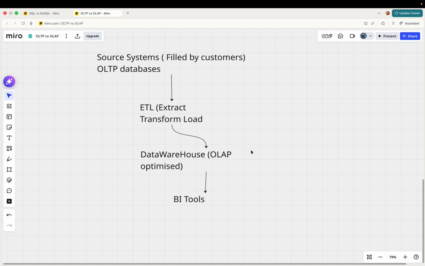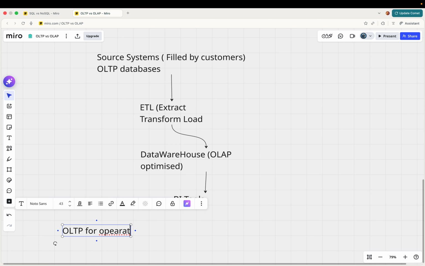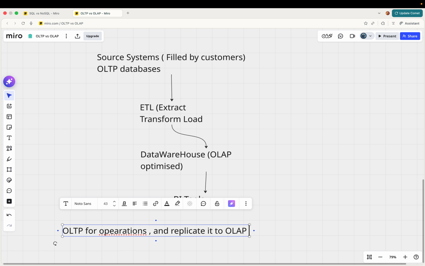OLTP for operations, and replicate it to OLAP for analytics.